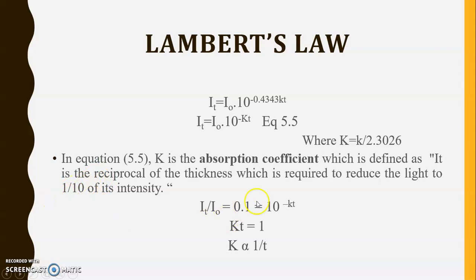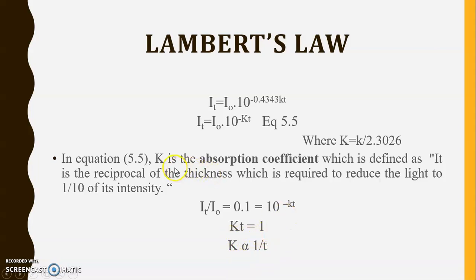So the ratio It upon I0 equals 0.1, or we can write it as 10 raised to minus Kt, so that Kt is equal to 1, and K is directly proportional to 1 upon t, or you can say K is inversely proportional to the thickness.